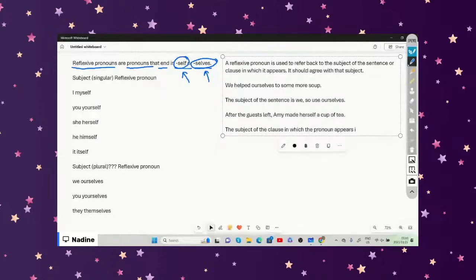If we just say self, then it's like over here where it says the subject is singular. Then we just say I, which is myself. I'm referring to myself.